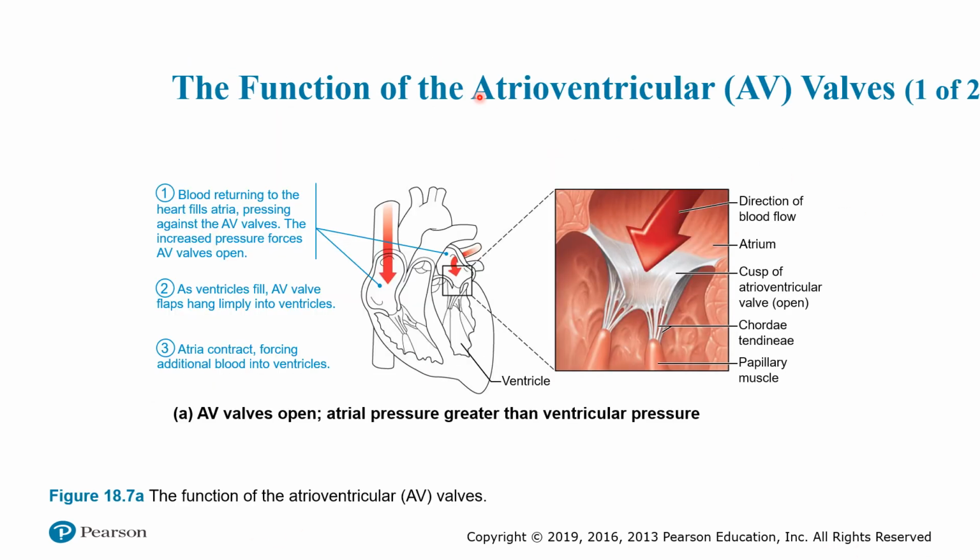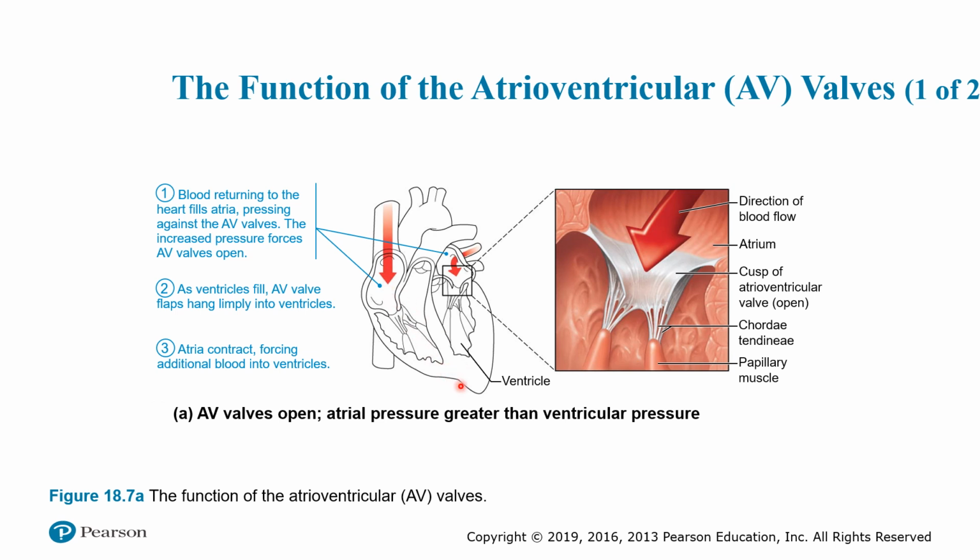All right. Now let's go over the function of the atrioventricular valves. So over here, the blood returning to the heart fills the atria on both sides, in the right atrium and in the left atrium. And when it enters, it presses against the AV valves. The increased pressure forces the valve to open. So now the blood is coming into the atria, and some part of it is going down into the ventricle.